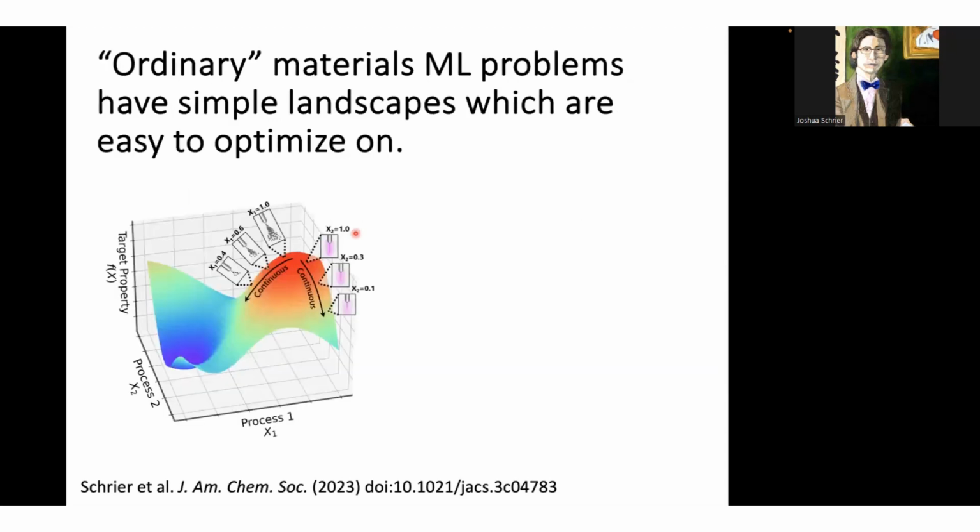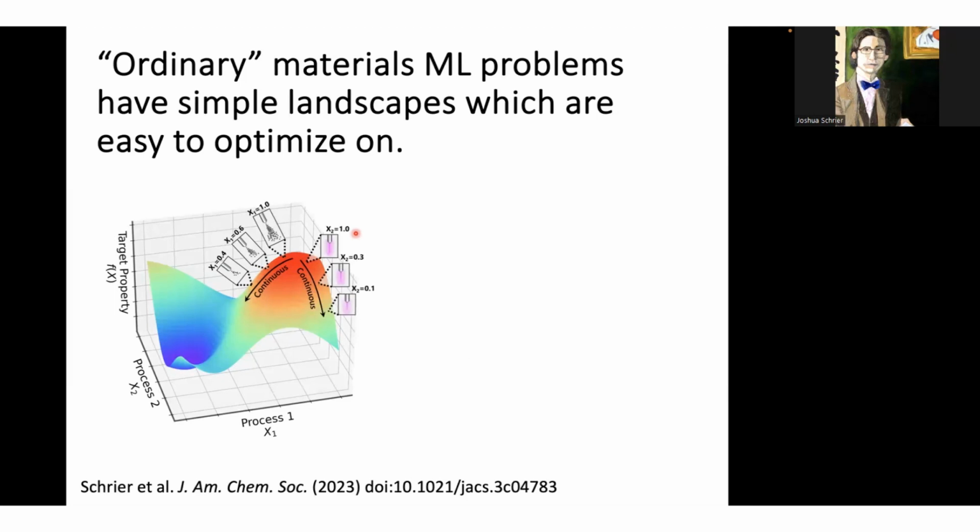Getting to the point that was raised about these problems, there's a tremendous number of cases of people using machine learning in an experimental setting in chemistry. I told you about a few that we've done, but there are many, many others. The thing we observe is that many of these problems are easy landscapes.